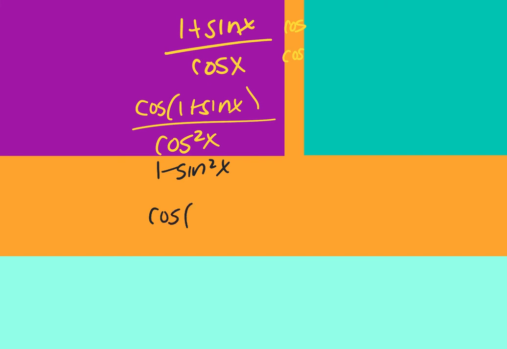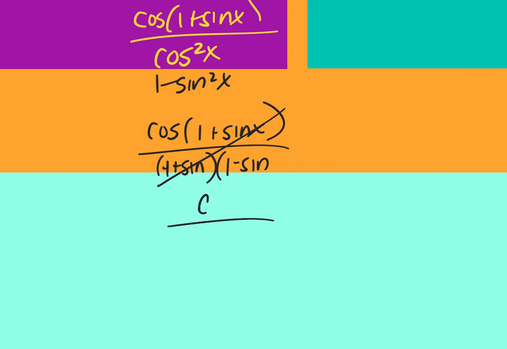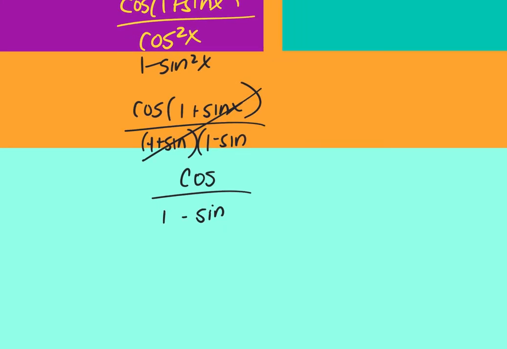So cosine, 1 plus sine, over 1 plus sine, 1 minus sine. These cancel. And then you can split that. No, you can't. You'd have to multiply by 1 plus sine. You'd have to go back to your opposite again. No. I don't know if you can get there from what you did.